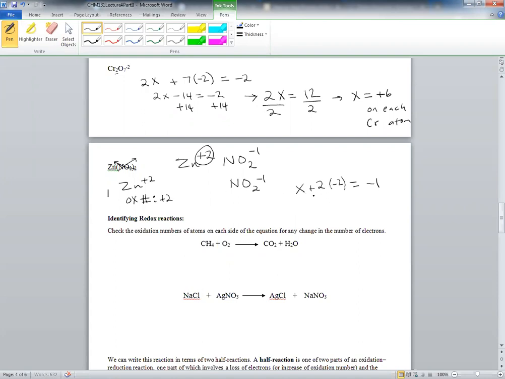Xn is unknown. So it would be x minus 4 equals negative 1 plus 4 plus 4. That would make it x equals plus 3. So to summarize, zinc is a plus 2, N is a plus 3, and O is a minus 2.